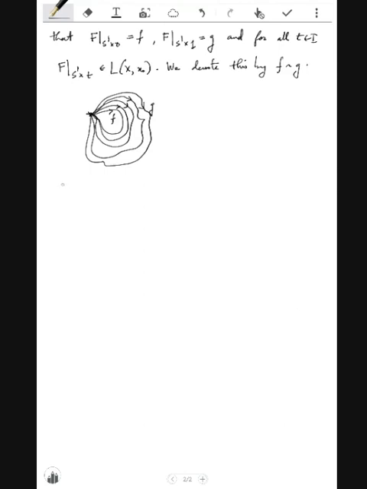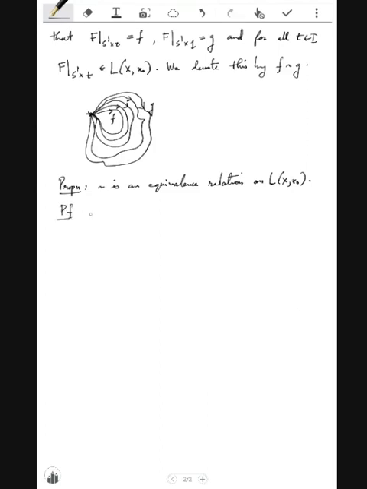So the first proposition we want to prove is easy. Equivalence relation. So homotopy is an equivalence relation on L x x0. So proof.